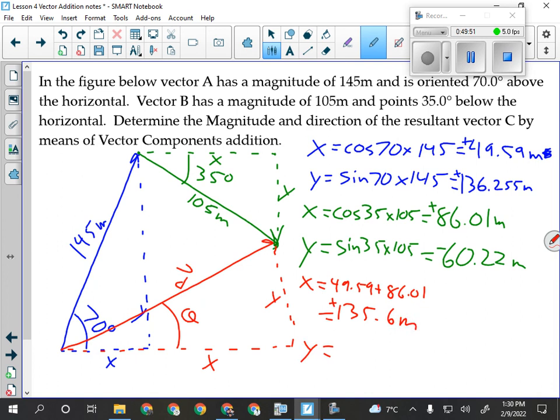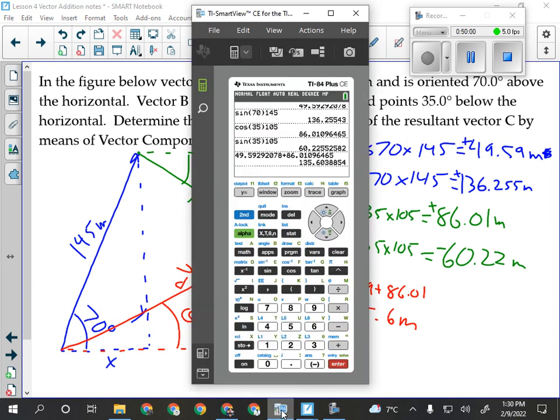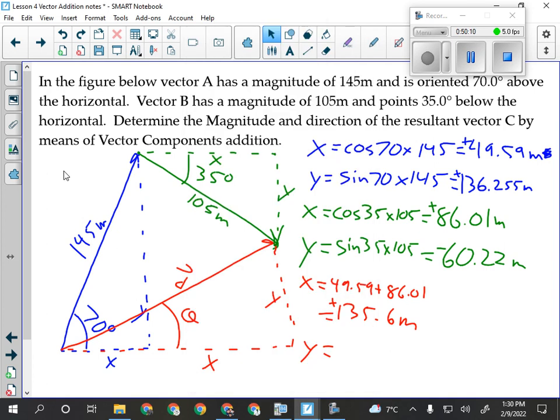And our y component, we've got 136.255, that's blue y, and we've got negative 60.22 for green y. So that minus that is 76.03 meters, and it's still positive because it's still above where we started.